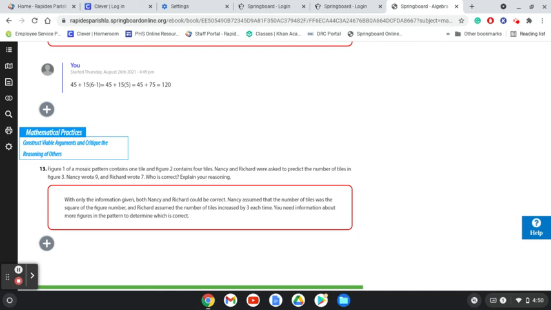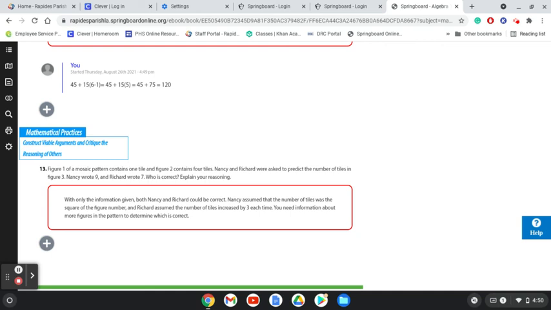With only the information given, both of them could actually be correct because Nancy assumed that the tiles were the square of the figure number, and Richard assumed that the number of tiles increased by 3 each time. You need information about more figures in the pattern to determine. So both of them actually are right. But you have to reason that out.